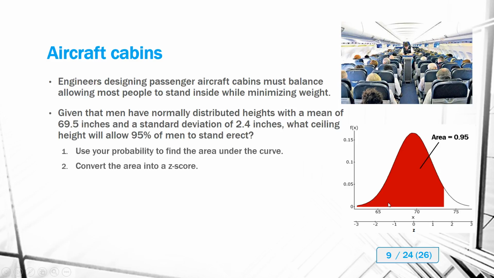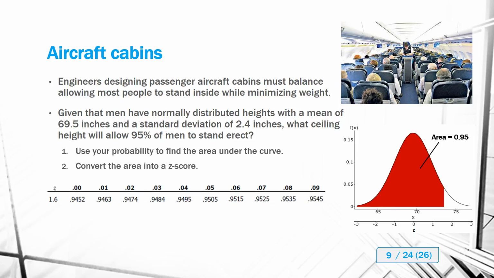We can convert this area into a z-score very easily by using a z-score table. So here's a snippet from a z-score table that shows the row that we're really interested in. We look for the area of interest, 95%, which appears between two values that are listed on the table.